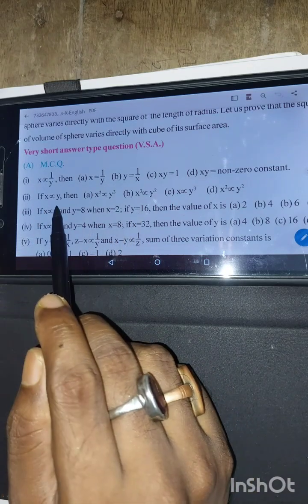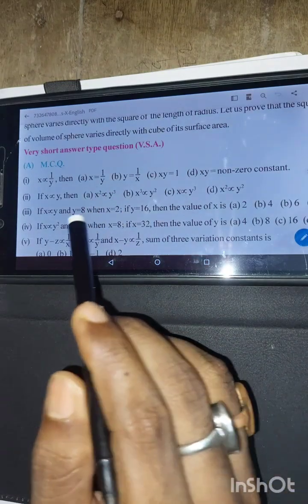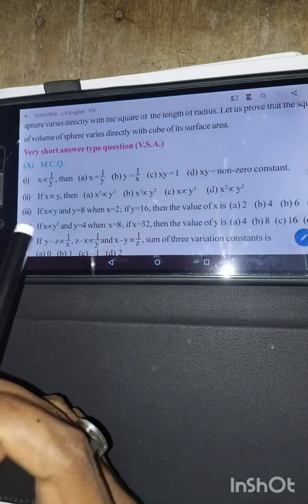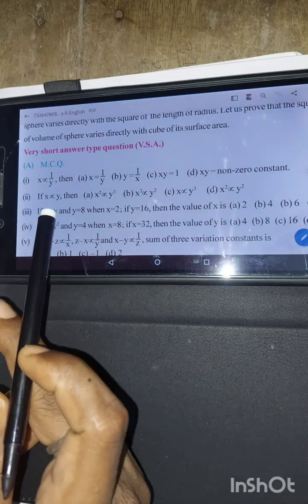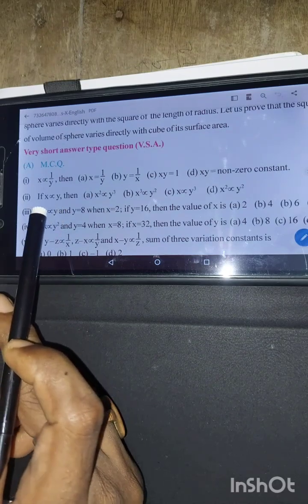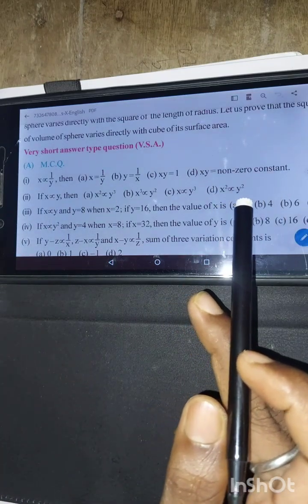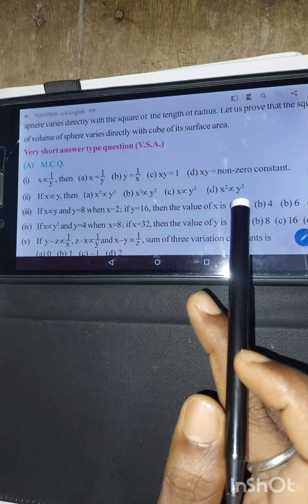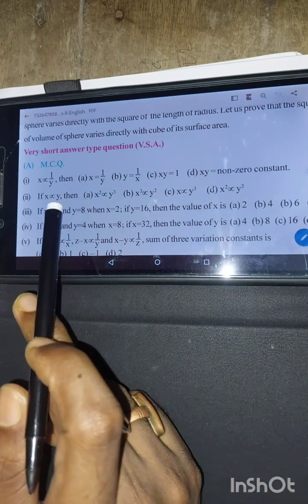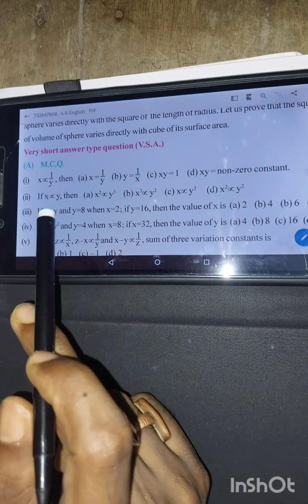Okay, if x varies as y and we square both sides of this relation, it becomes x square varies as y square. So this should be our correct answer. We are just squaring both sides.